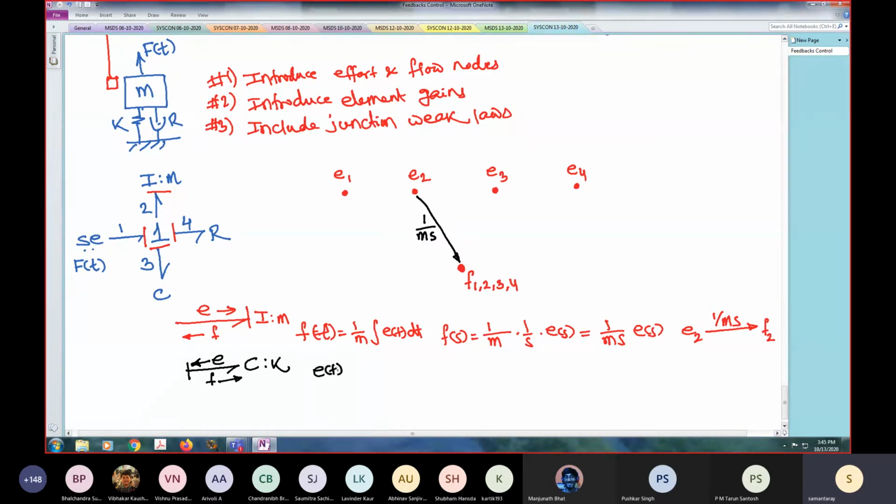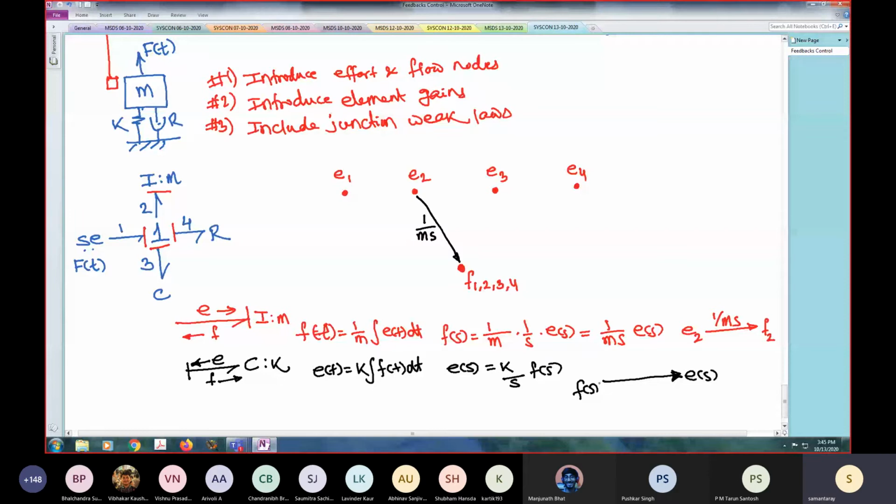So what we know? E(t) is equal to k times integral f(t) dt. Take Laplace transform of both sides. E(s) is equal to k by s times f(s). So this is the gain from f(s) to e(s). The direction is like this.